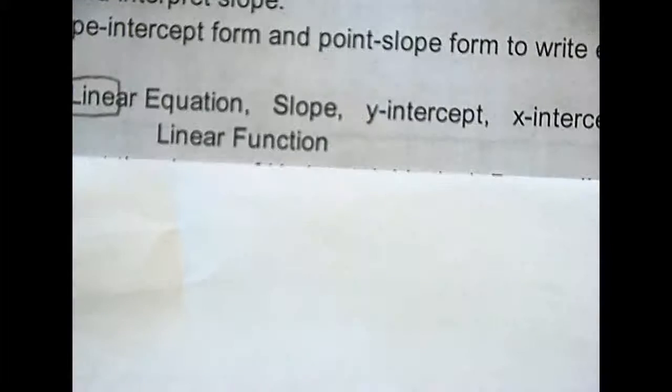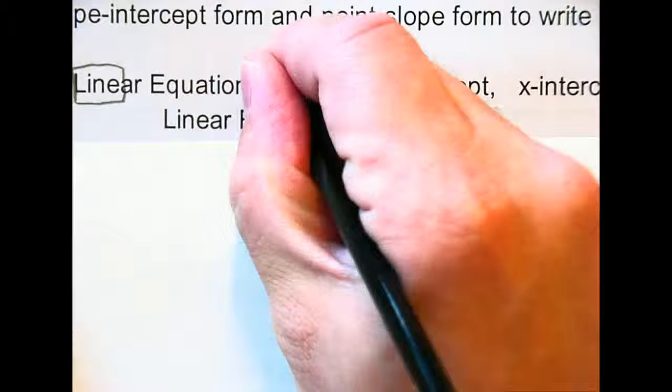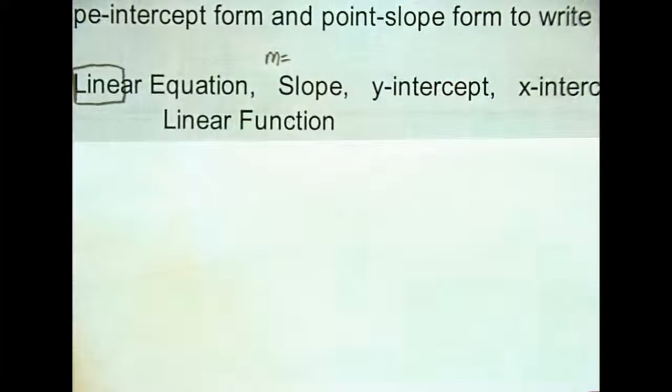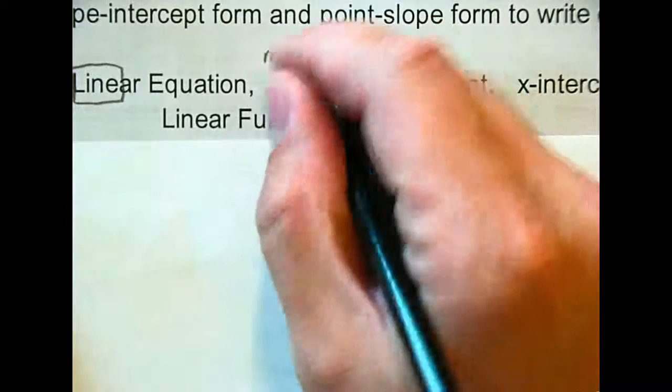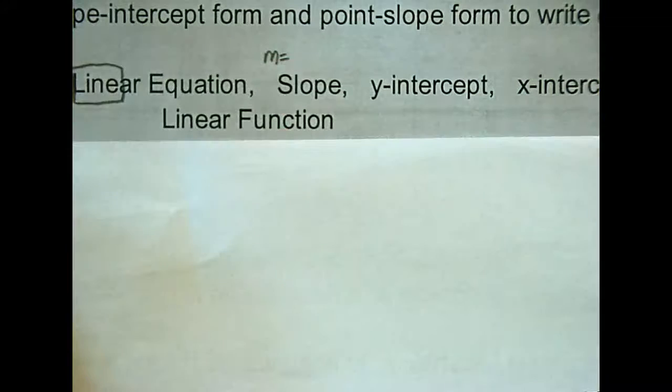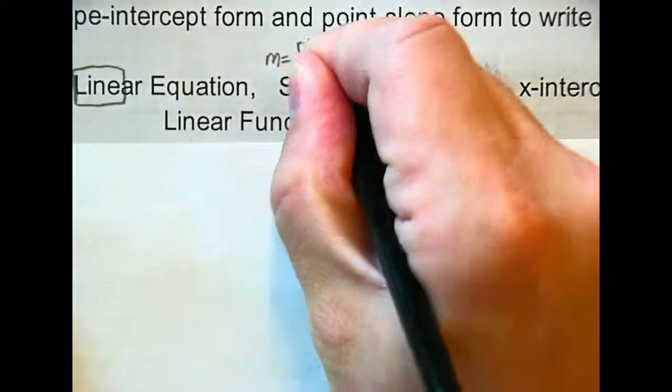If I'm defining the word slope, tell your neighbor another name for slope besides m. Okay, I heard some good ones out there. Cody? Rise over run. That's usually one that comes out.